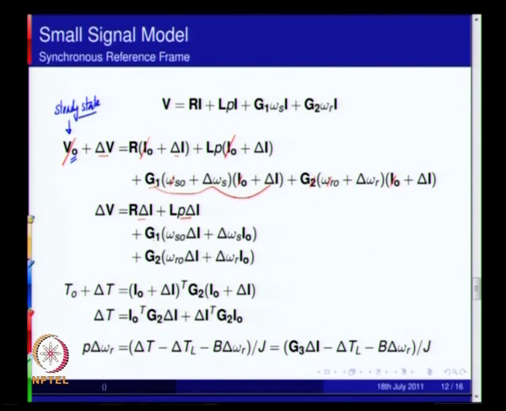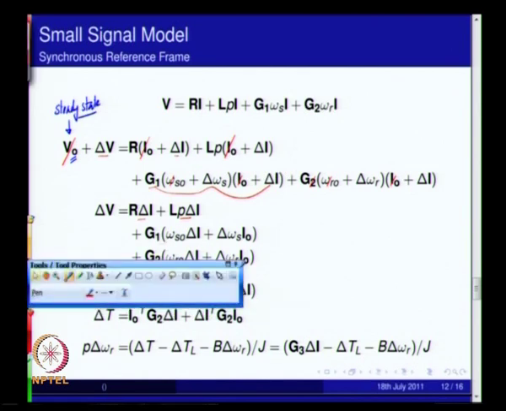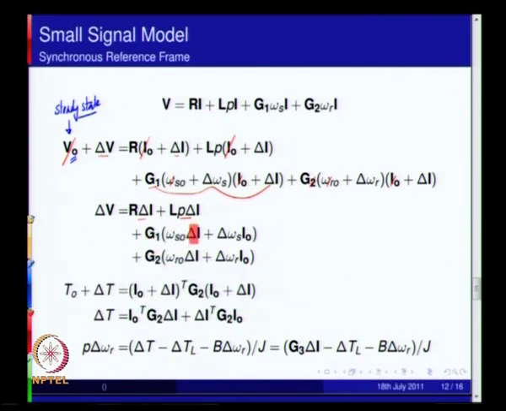So, you have only G1 into omega S naught into delta I plus G1 into delta omega S into I naught, similarly from these two terms. So, this is an equation describing the relationships between the disturbances and the response to those disturbances.